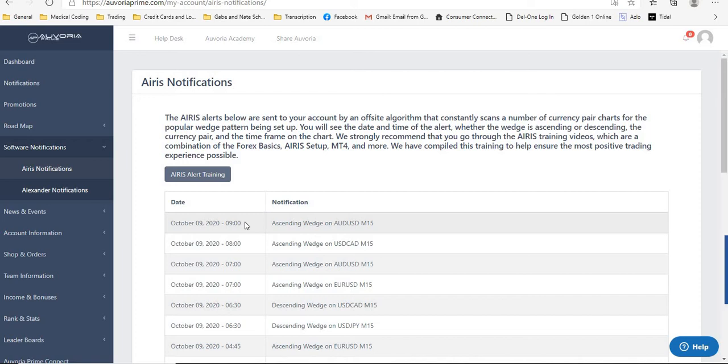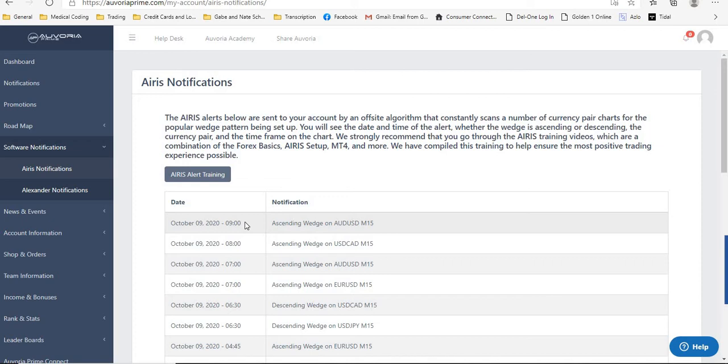Okay, but to give y'all another recap on these wedge alerts, a wedge is one of the most common pattern formations on the charts in trading. It doesn't matter what trading aspect you're in. Whether you're trading stocks, forex, or crypto, you've got candlesticks, you've got a chart, wedges happen.